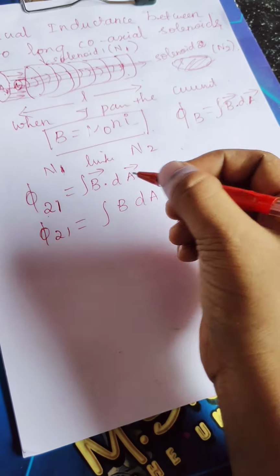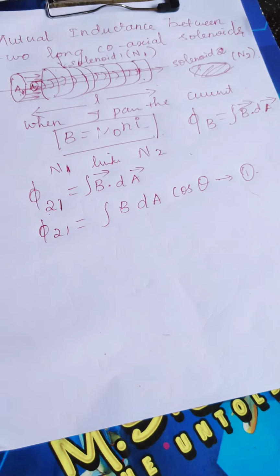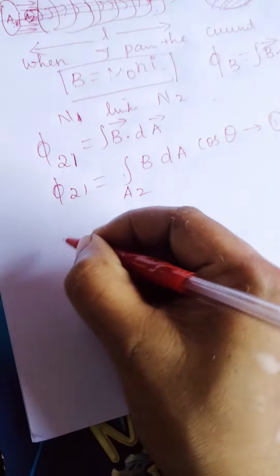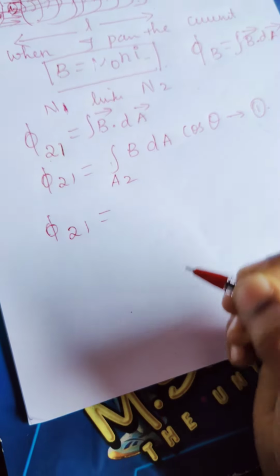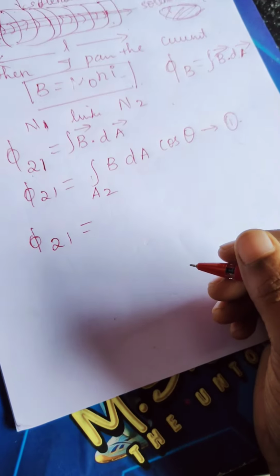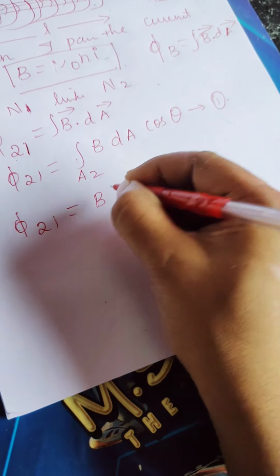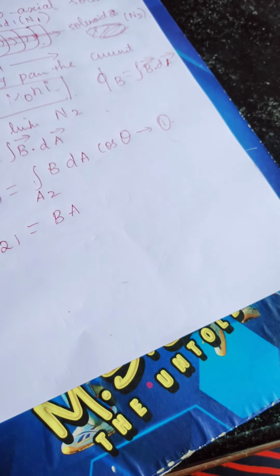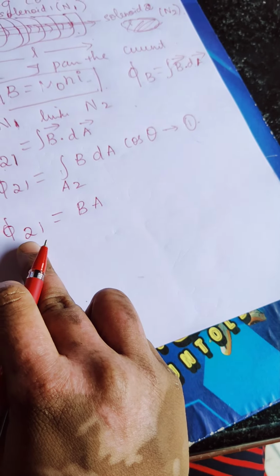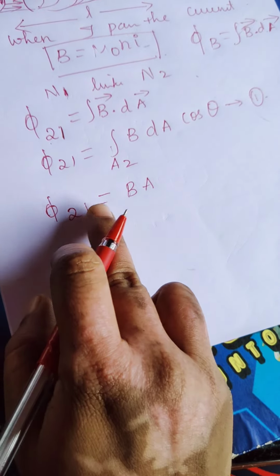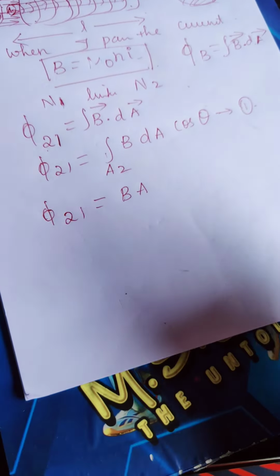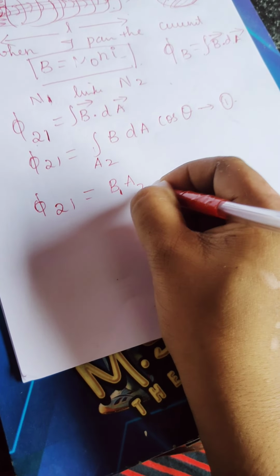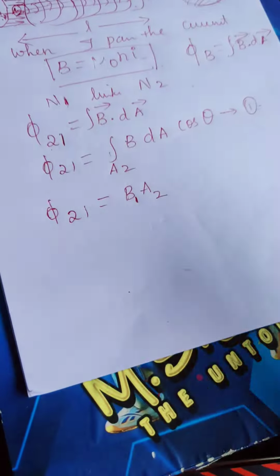Here the field lines enter only the A2 area, so I am mentioning A2. Now the magnetic flux 21 equation changes: since cos theta is 1, only B A will come. B1 means the magnetic field going to the second area, so it is B1 A2.